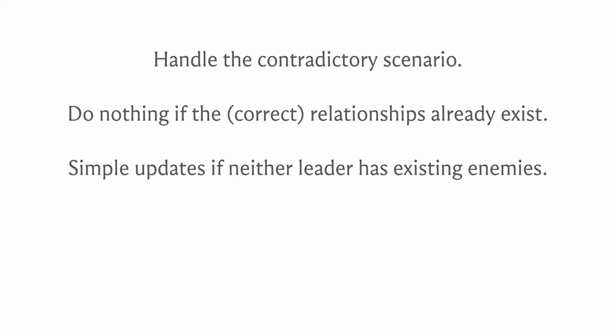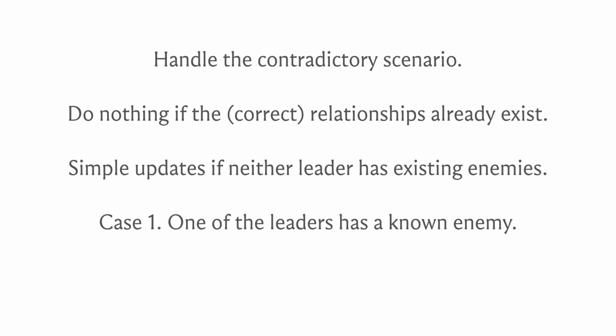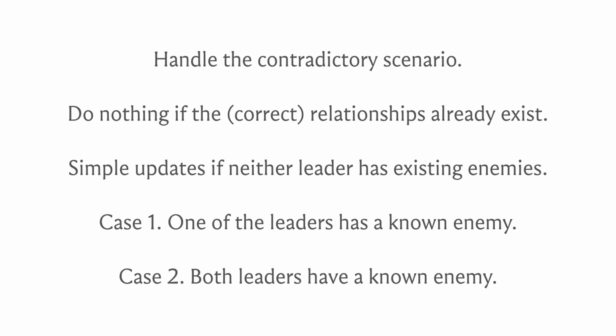In this case, for make friends, this was a simple union, a merging of two clusters. And in the case of the make enemies operation, it was just a matter of updating the enemy pointers between the leaders. Now, the non-trivial cases were when one of the leaders had a known enemy and the other one didn't, or when both of the leaders had their own known enemies.